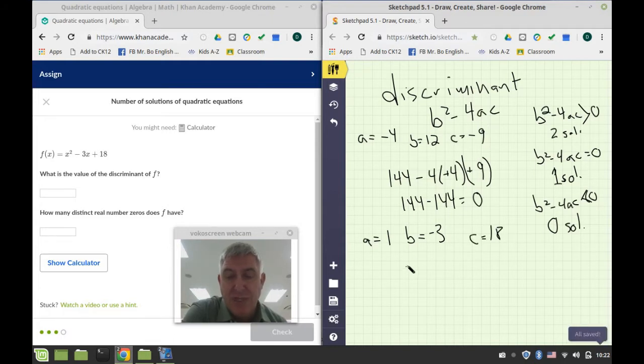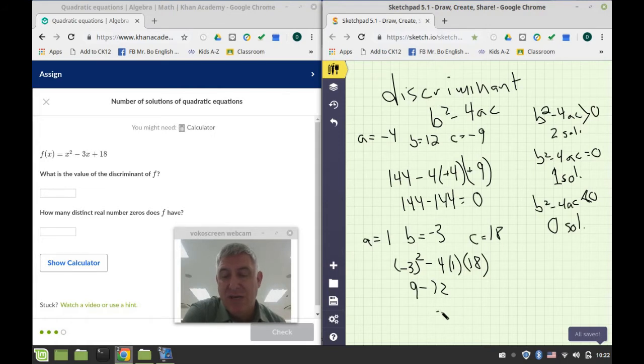And my b squared is -3 squared minus 4 times a times c. So now I have 9 minus some big number. What is it? 72.